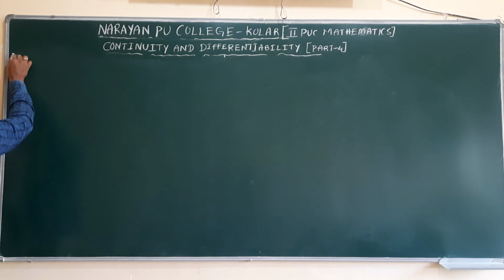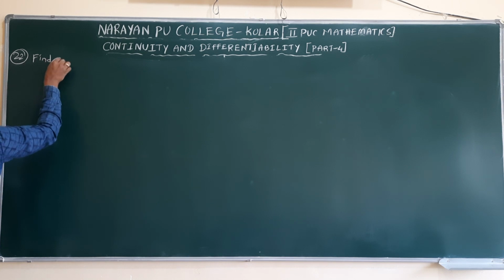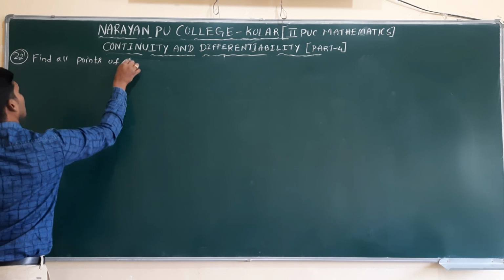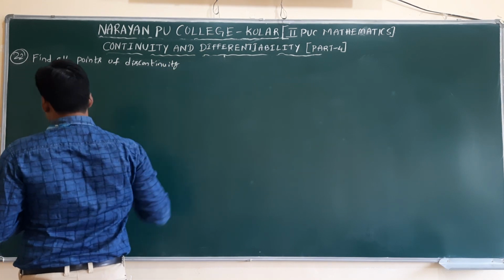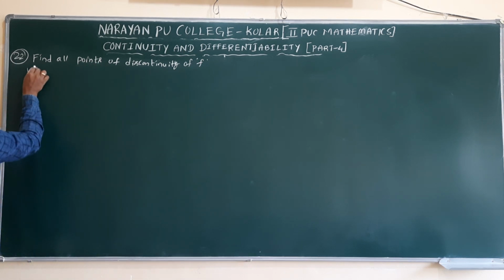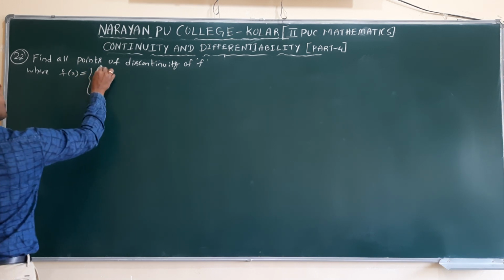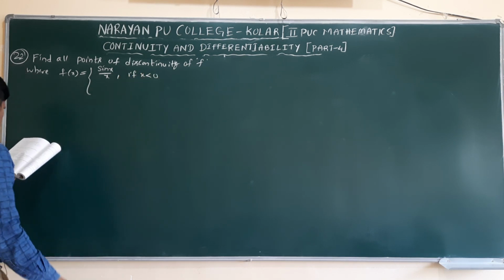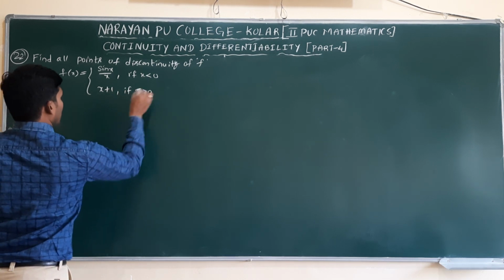Next, question number 22. Find all points of discontinuity of f, where f of x equal to sin x by x if x is less than 0, and x plus 1 if x is greater than or equal to 0.